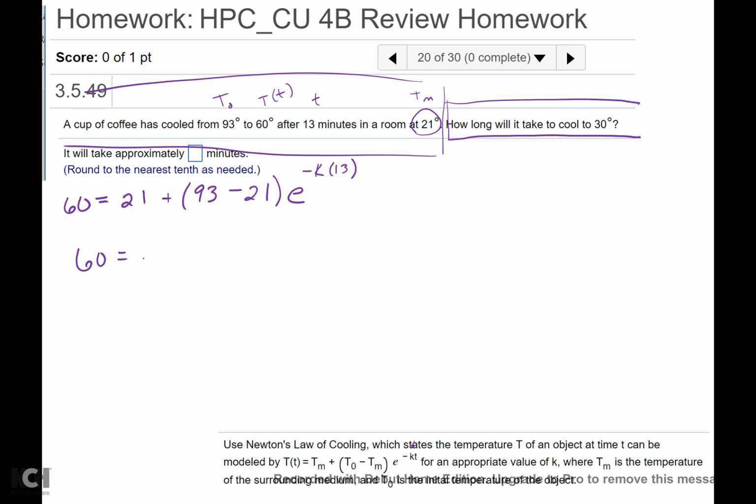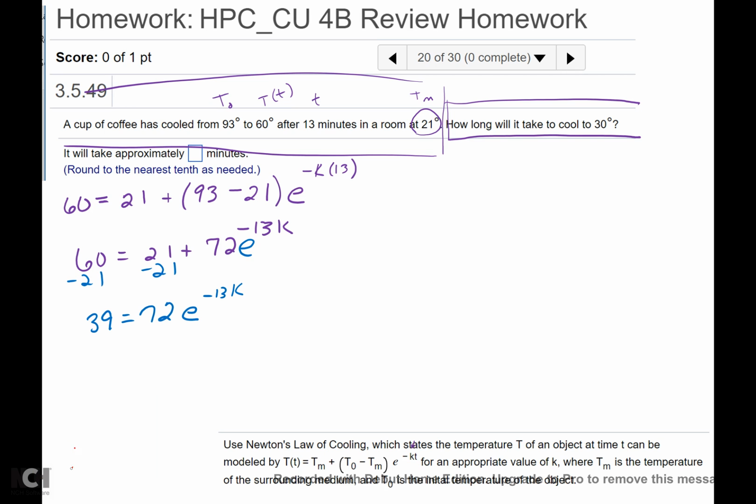So I have 60 equals 21 plus 72e to the negative 13k. Alright, we've got to isolate, so I'm going to subtract 21 from both sides, and I get 39 equals 72e to the negative 13k. Sorry, I forgot my e.